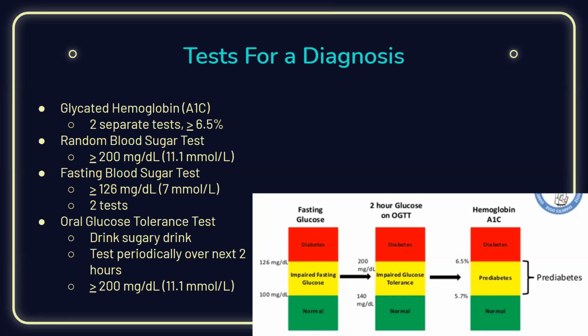And if more than one of those, or I think it's actually 3 or more, comes out as greater than or equal to 200 milligrams per deciliter of glucose in your blood, then that's going to confirm your diagnosis of having type 2 diabetes.